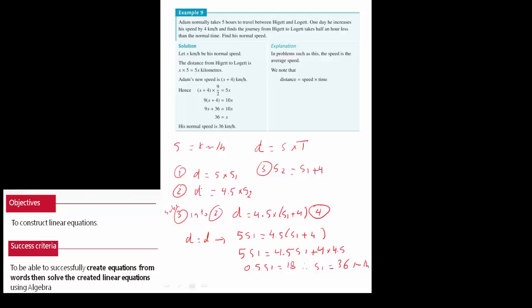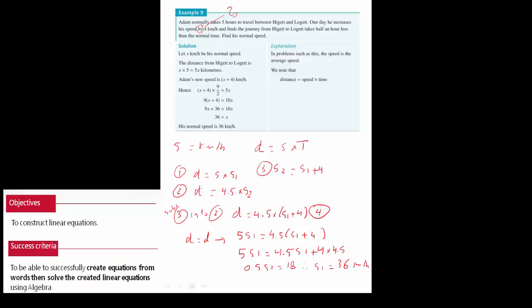Now, the pitfall in this one is, if you didn't treat carefully and you substituted to 2, then the whole equations will change. Because then, instead of S2 equal S1 plus 4, it becomes S2 equals 4. And then it will be totally different equations and totally different results.